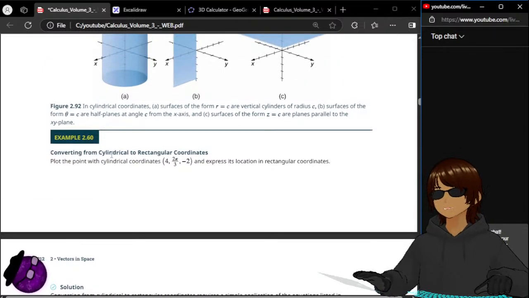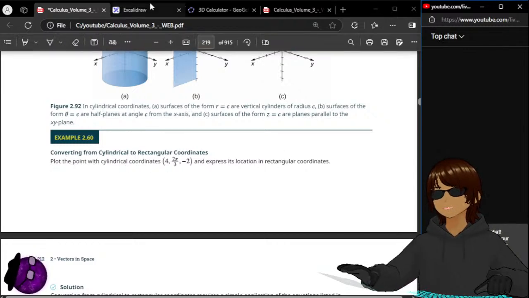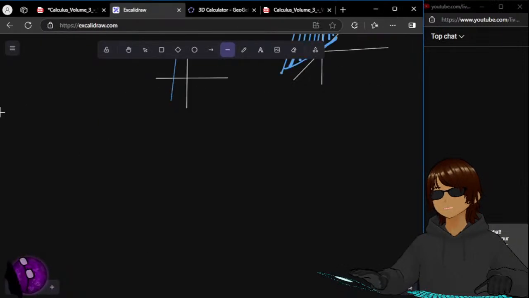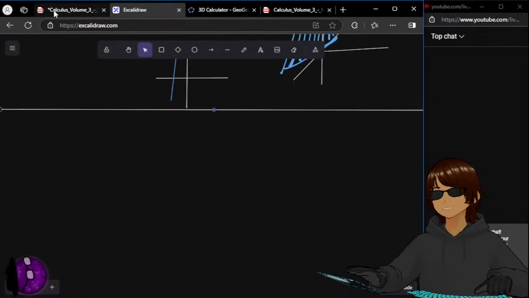Converting from cylindrical to rectangular coordinates: plot a point with cylindrical coordinates and express its location in rectangular coordinates. Okay. So we have example 2.6.